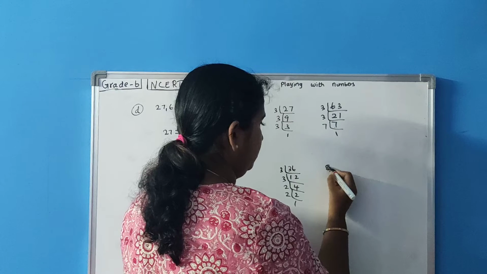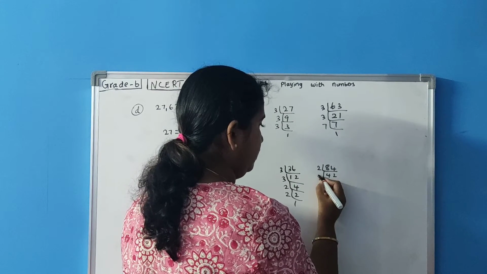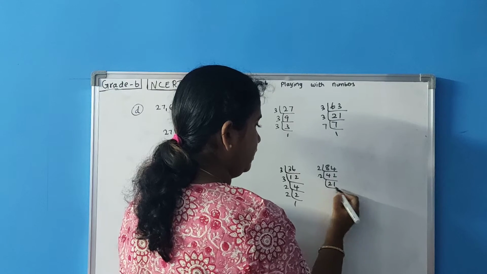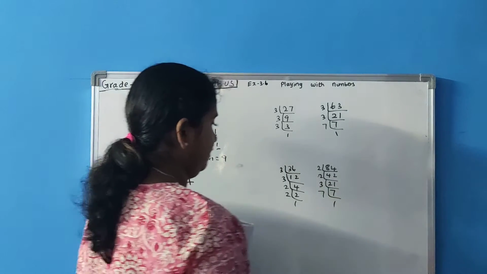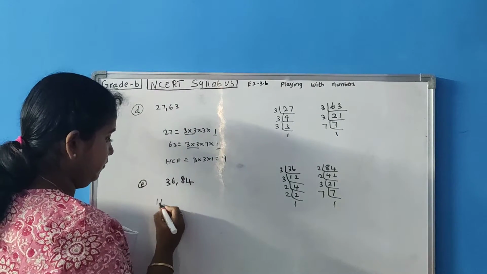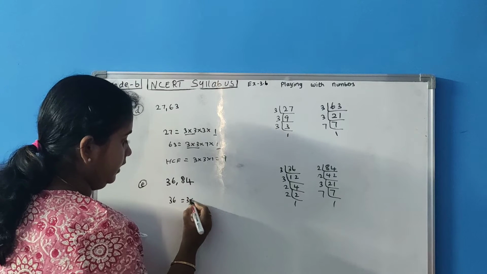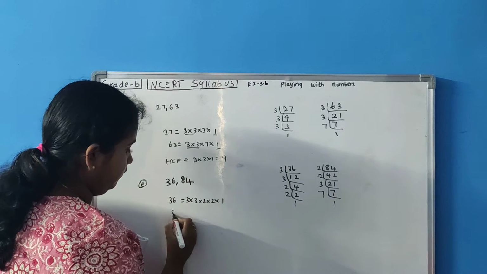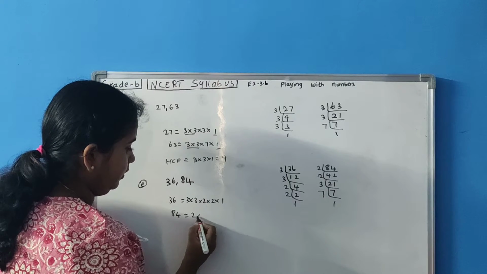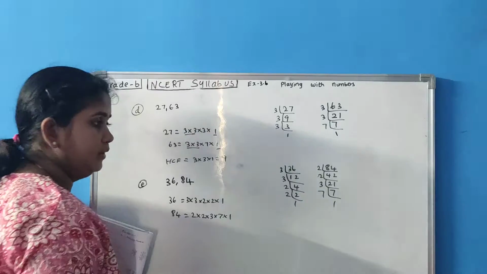For 84, 2 table, 4 2s are 8, 2 2s are 4. 2 table, 2 2s are 4, 1 2s are 2. 3 table, 7 3s are 21, 7 table, 1 7s are 7. Now write the factors. For 36: 3 into 3 into 2 into 2 into 1. For 84: 2 into 2 into 3 into 7 into 1.